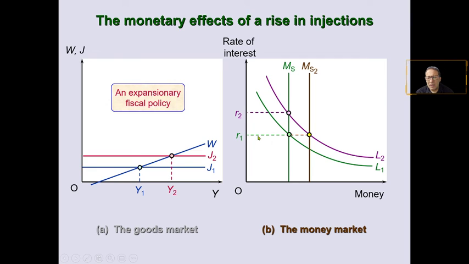This decrease in the interest rate is going to bring the interest rate back to this level, but sometimes it goes beyond that point or less than that point. Everything depends on the shape of the L curve, as you can see here, and on the sensitivity or the quantity of money supply created in the economy.